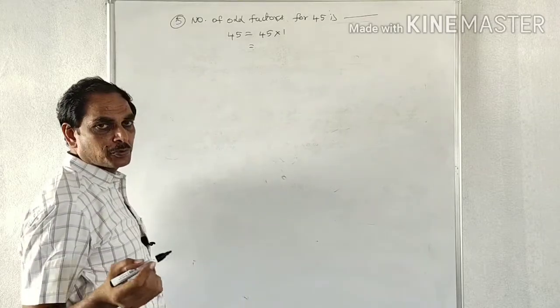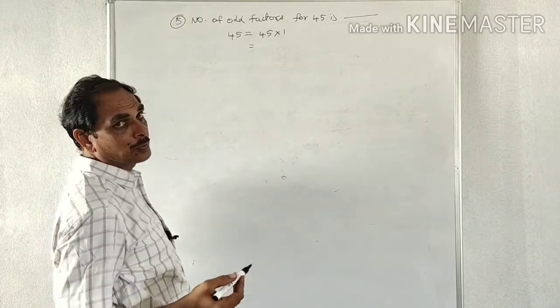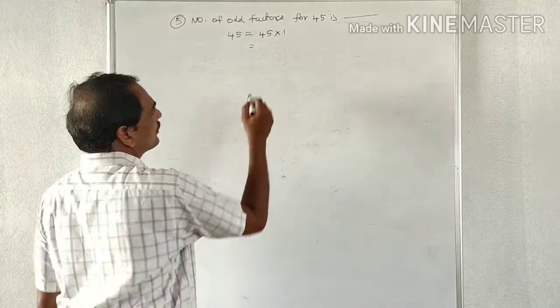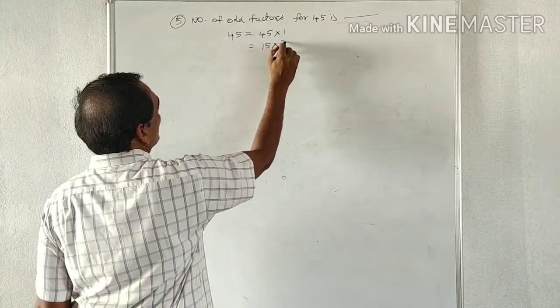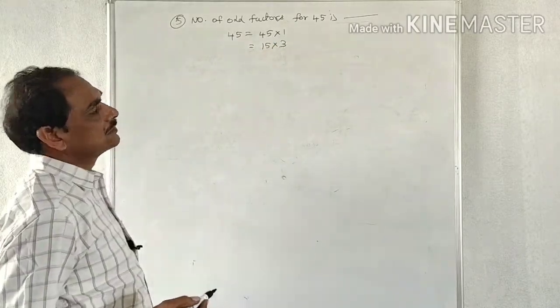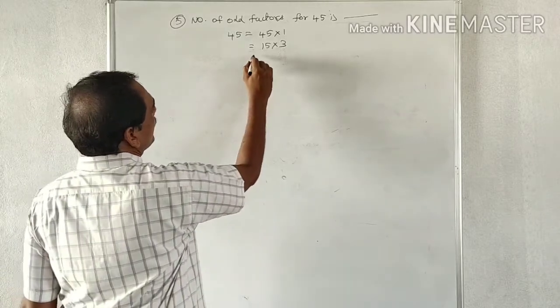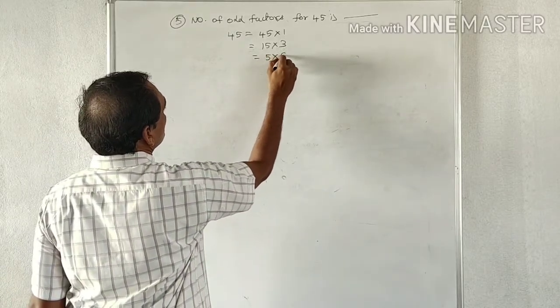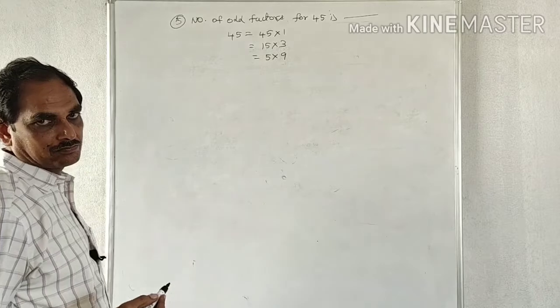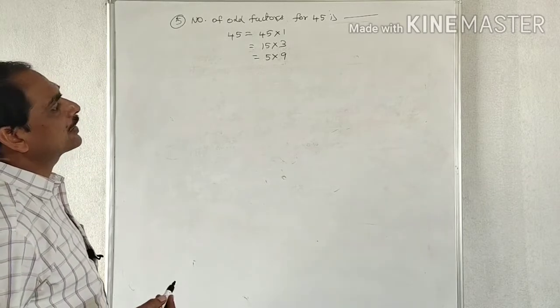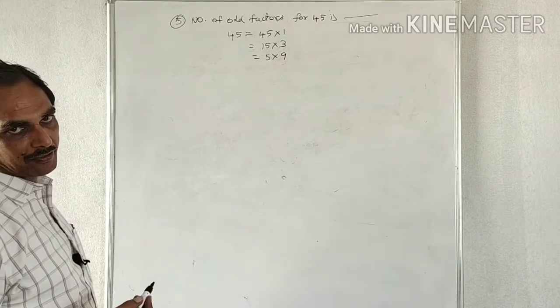It is not divisible by 2, but it is divisible by 3, so 15 threes are 45. Next, 5 nines are also 45. There is no other multiplicative fact for 45.